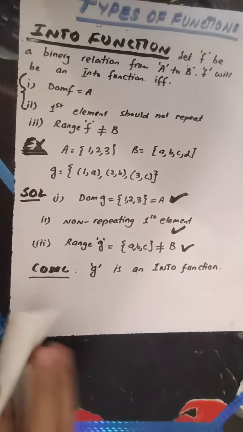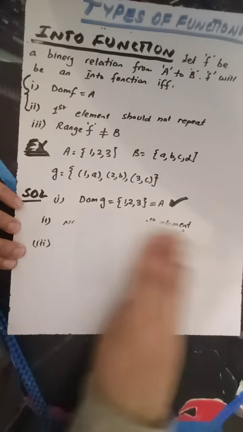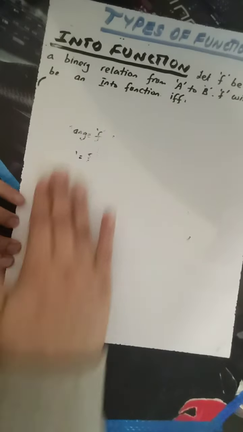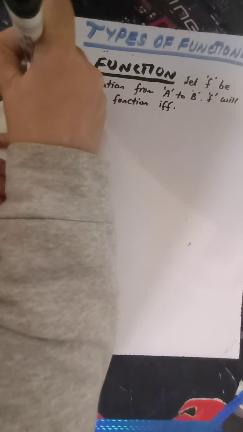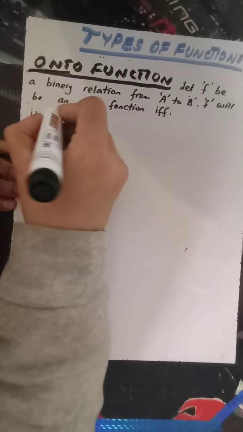Now let's move to the next type, which is onto function. Now in onto function we have three conditions.